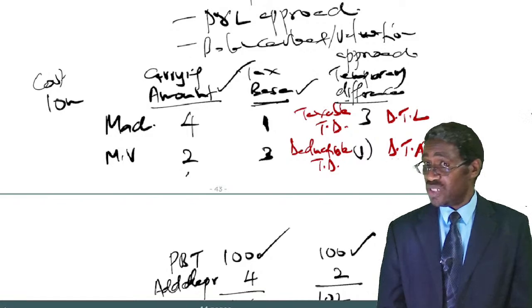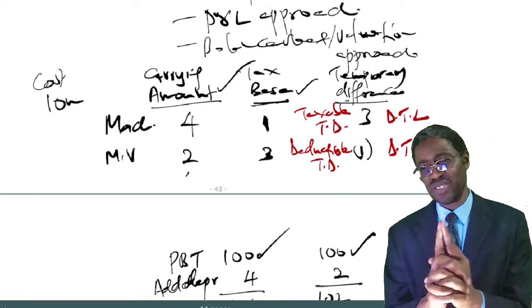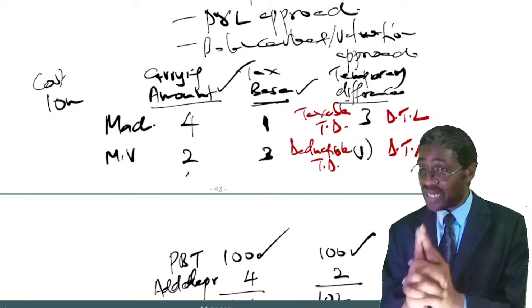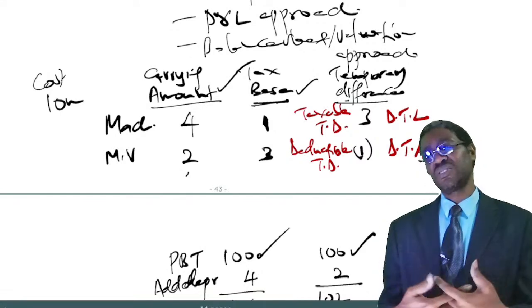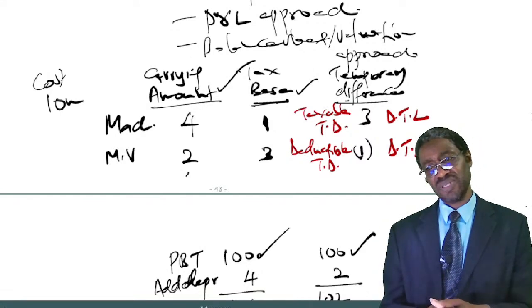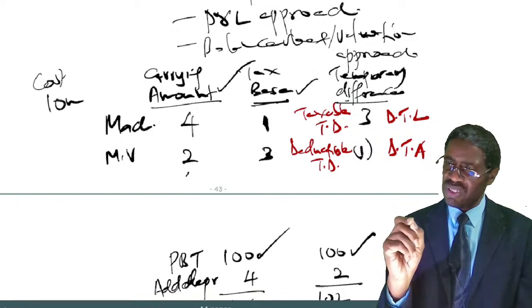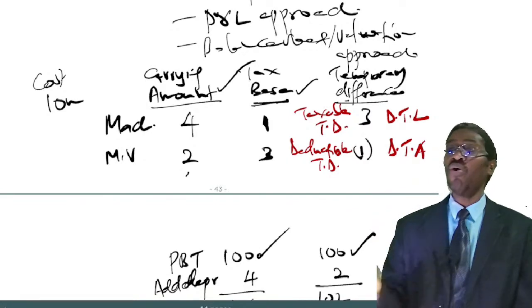The difference between the carrying amount of an asset and its tax base, we call it the temporary difference. Temporary difference can either be taxable or deductible.